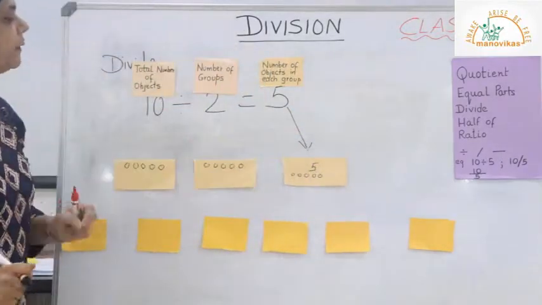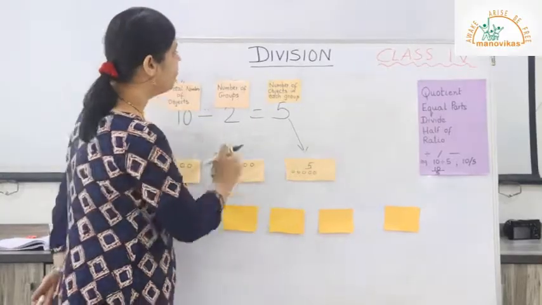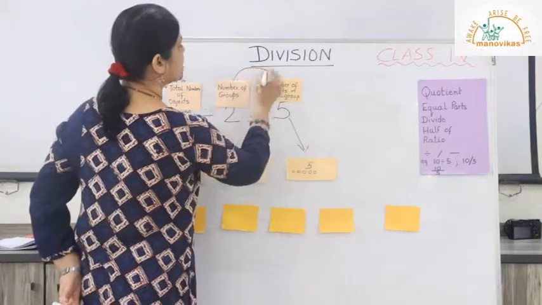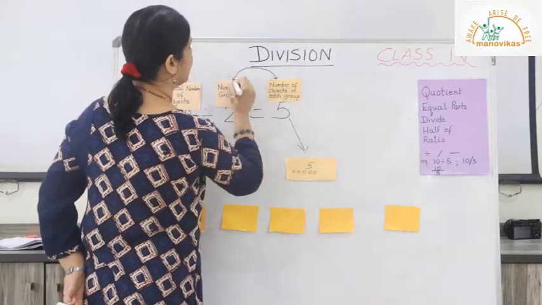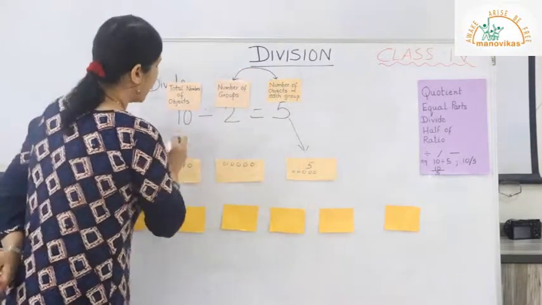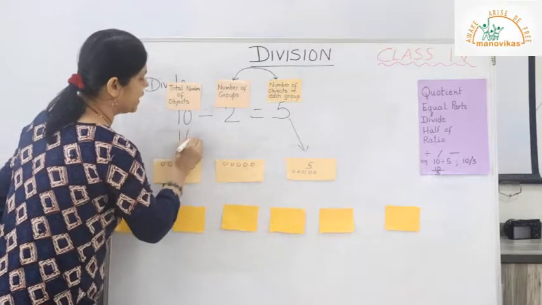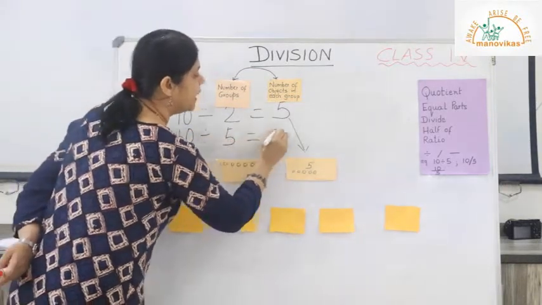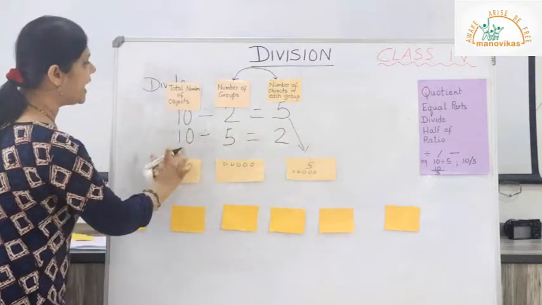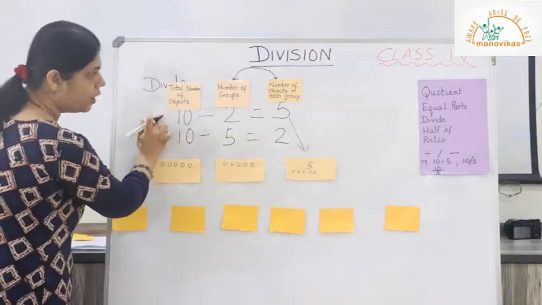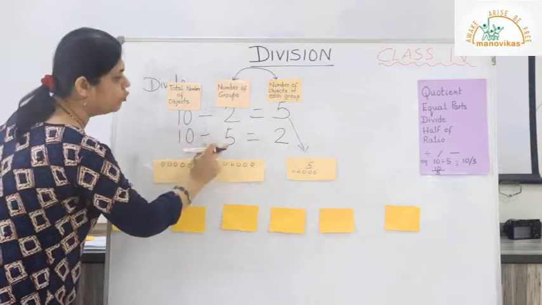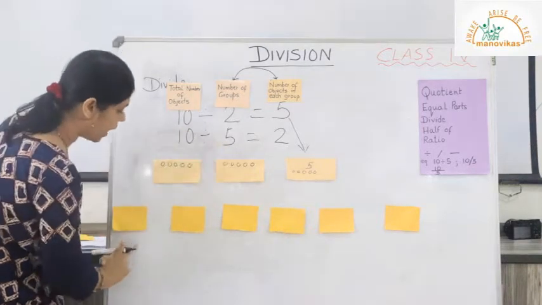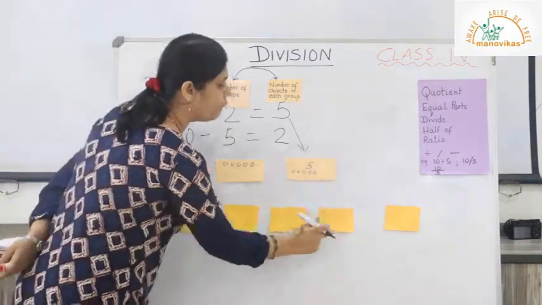So is it clear? Now you can even flip the number of groups and number of objects in each group. Okay, now I can do it this way also. 10 divided by 5, the answer will be 2. That is, I have 10 total objects now, which I have divided into 5 groups. How many groups? 1, 2, 3, 4, 5.